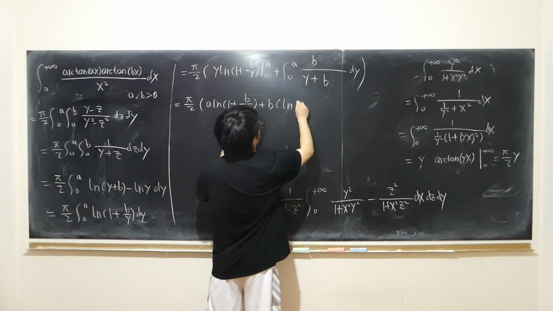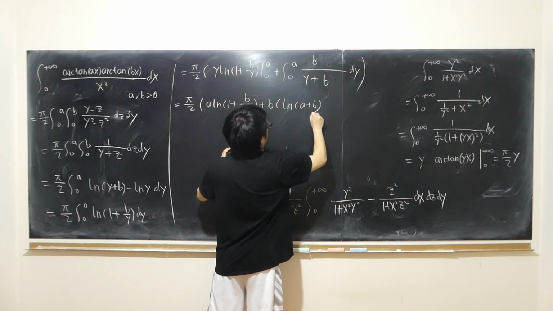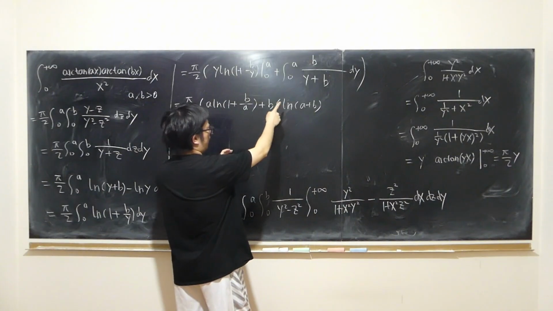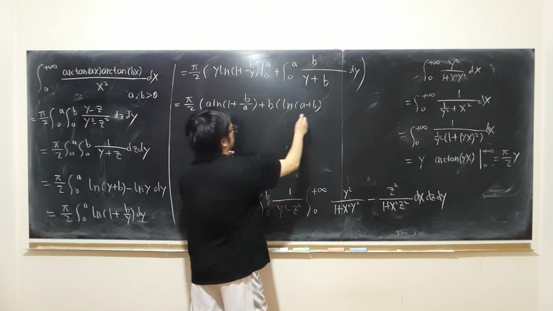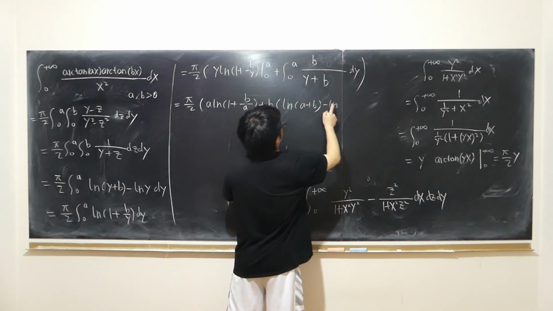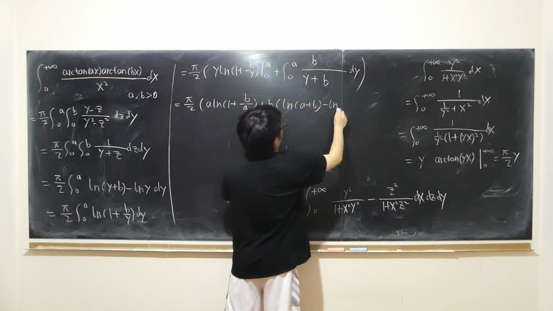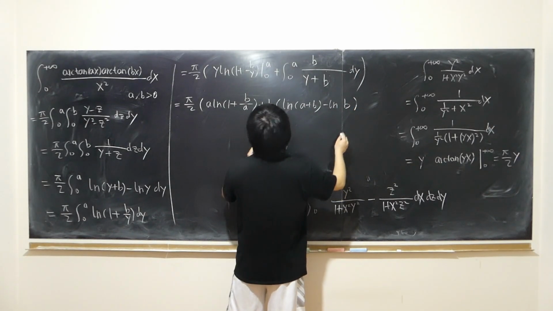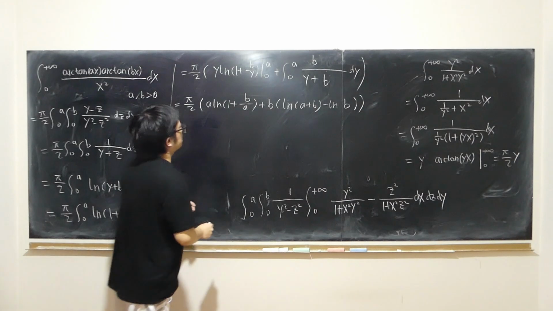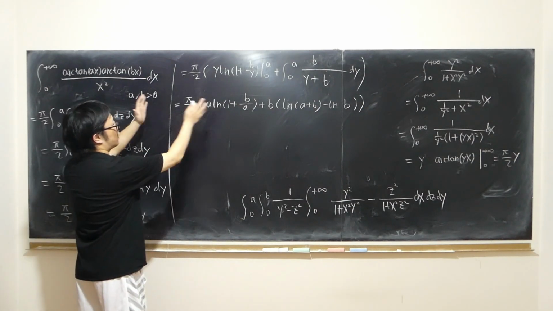Log, first of all, like I said, log y plus b. Now this time y becomes a, then y becomes 0. Then take their difference, 0 plus b, log b. Half pi is outside here.